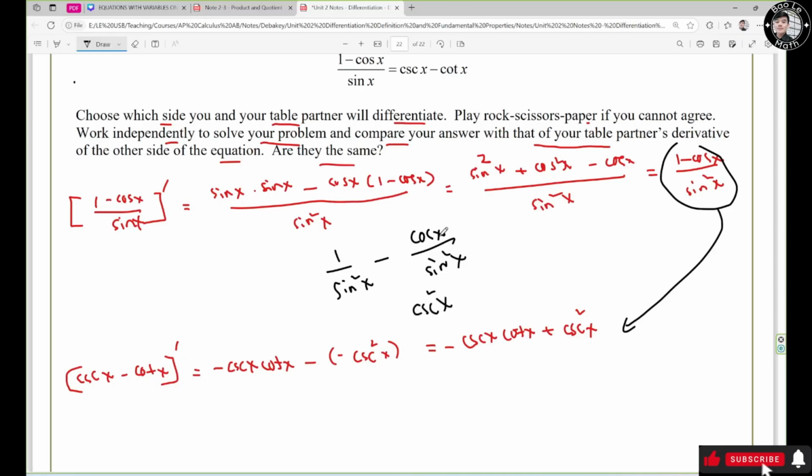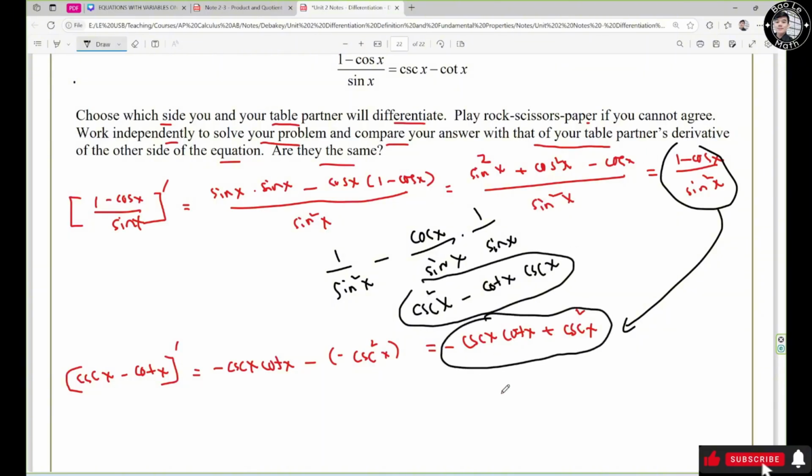Now cosine s over sine square of s can be written as cosine s over sine s times 1 over sine s, so I need to eliminate the square right here. So cosine s over sine s will be cotangent s, and 1 over sine s will be cosecant s. Now this guy right here and this guy right here are actually the same, and it's a good time to stop.